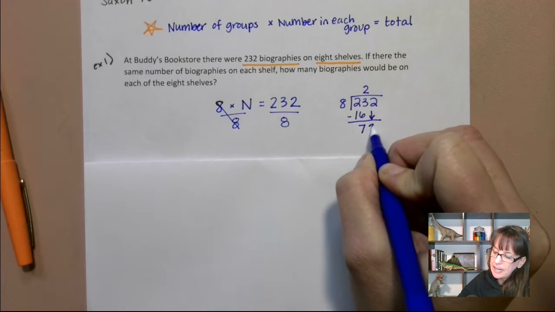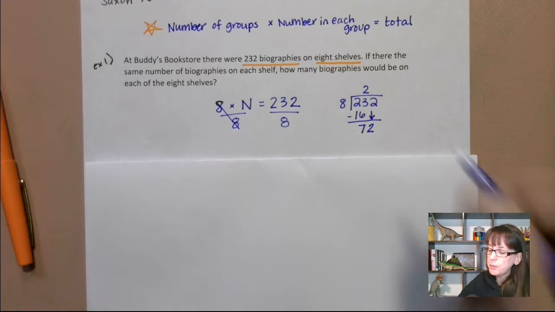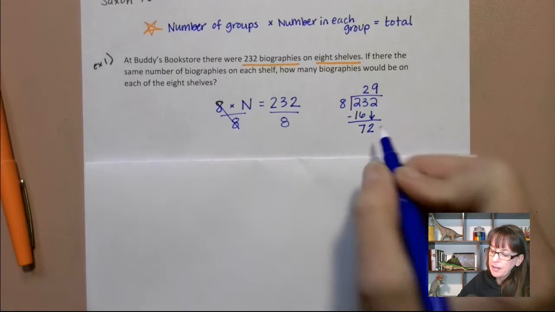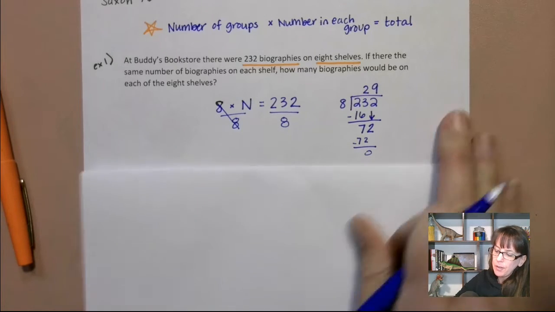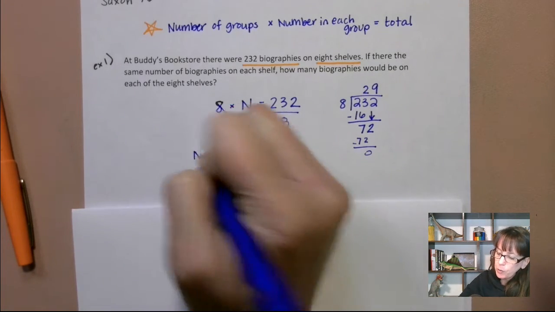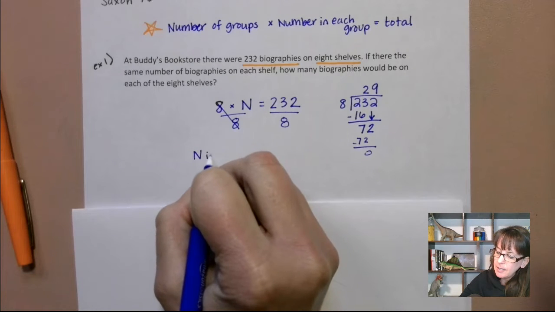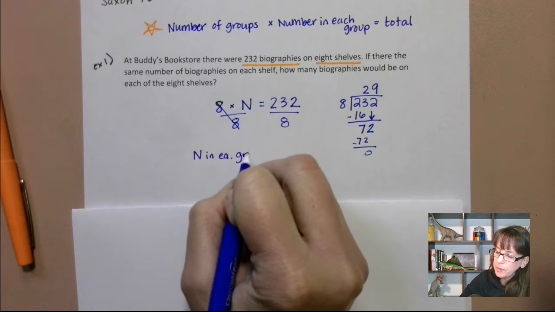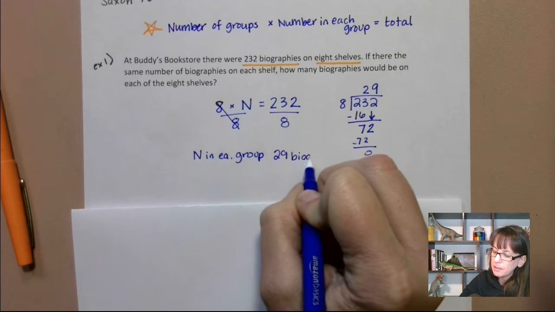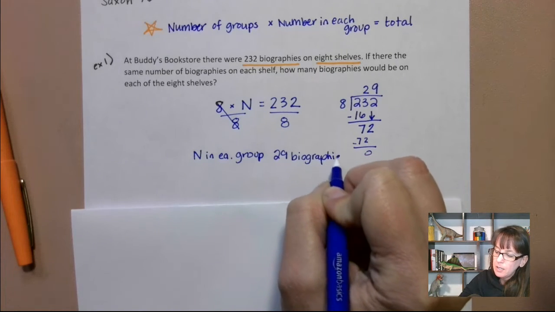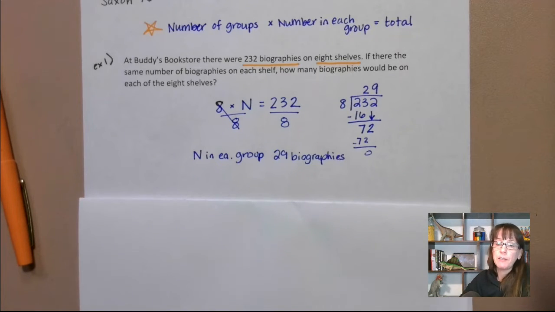So let's go ahead and bring down the 2. 8 goes into 72 9 times. And 9 times 8 is 72, so we have no remainders there. So the number in each group is going to be 29 biographies. So there are going to be 29 biographies on each of those 8 shelves.